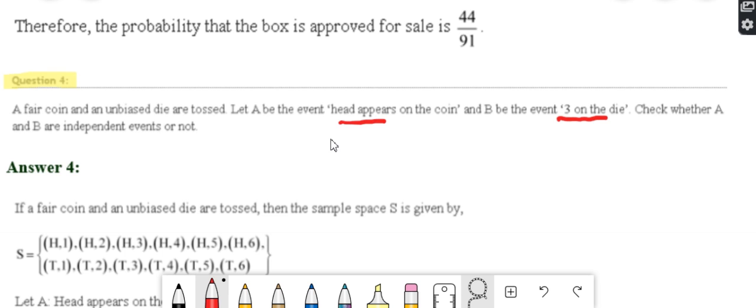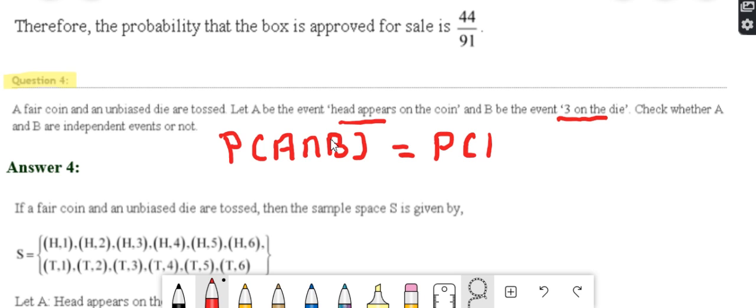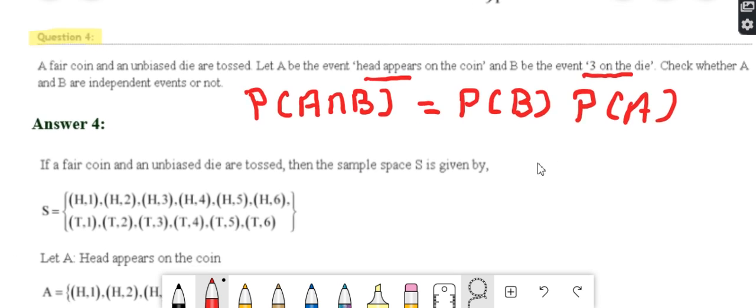When I say independent events, then immediately you should understand we should check whether P of A intersection B is equal to P of A into P of B or not. So first of all I will find P of A, P of B, and P of A intersection B, and then I will check.